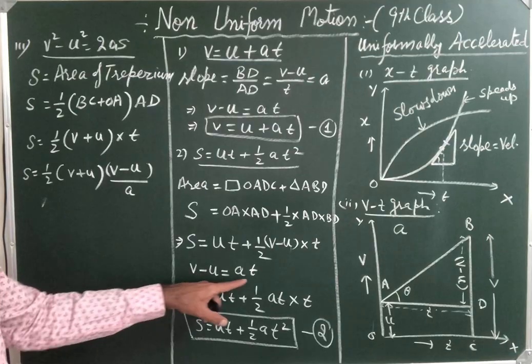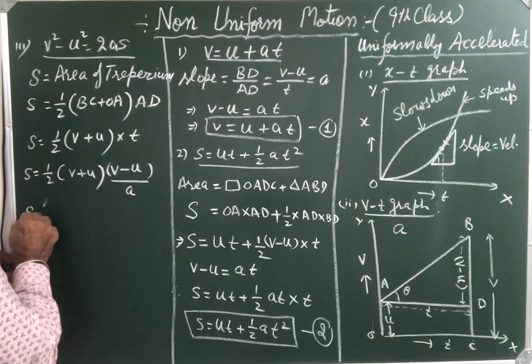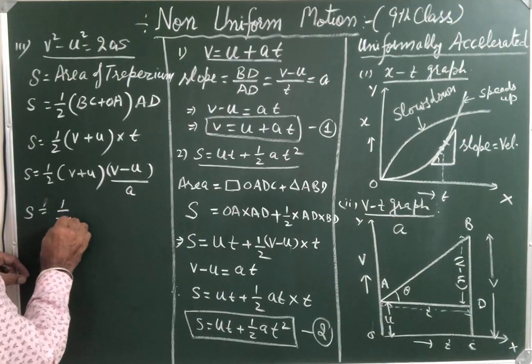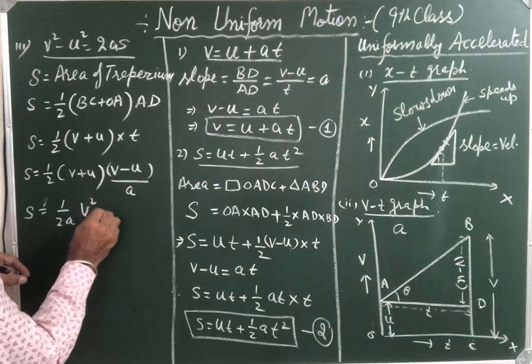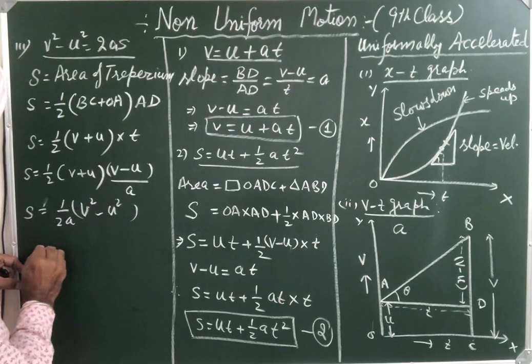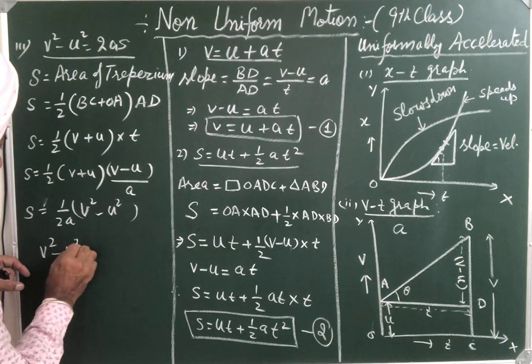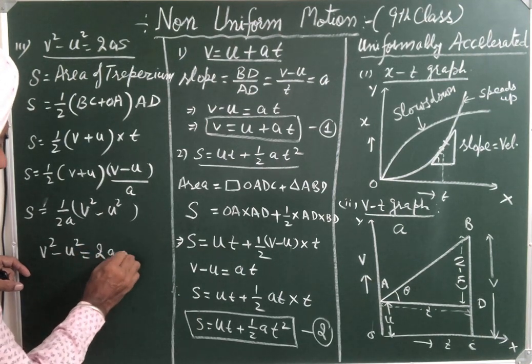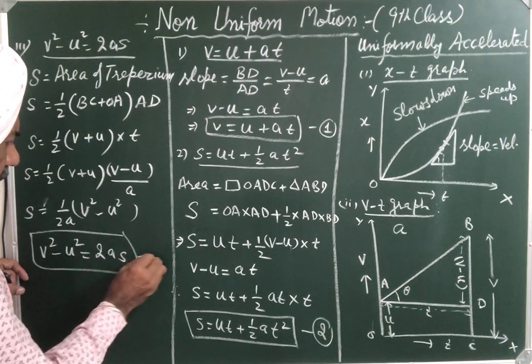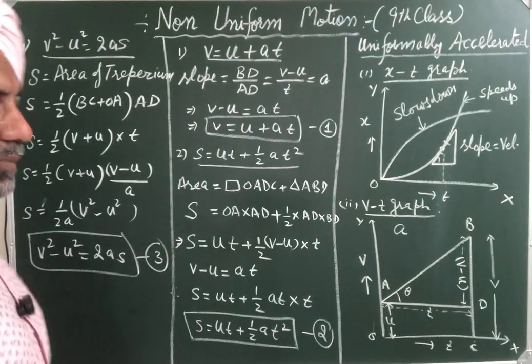So, we have S equal to half a v square minus u square, or v square minus u square is equal to 2as, which is the required third equation of motion.